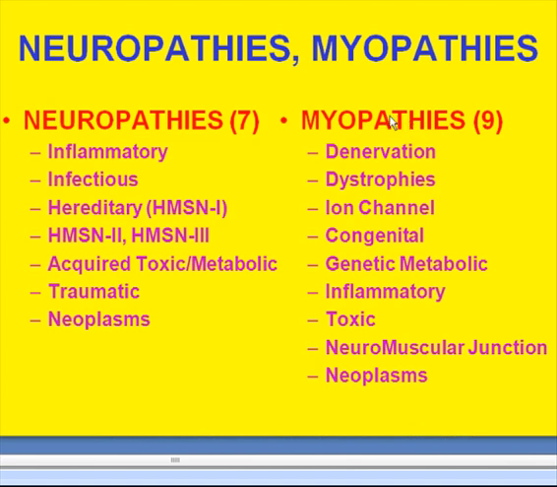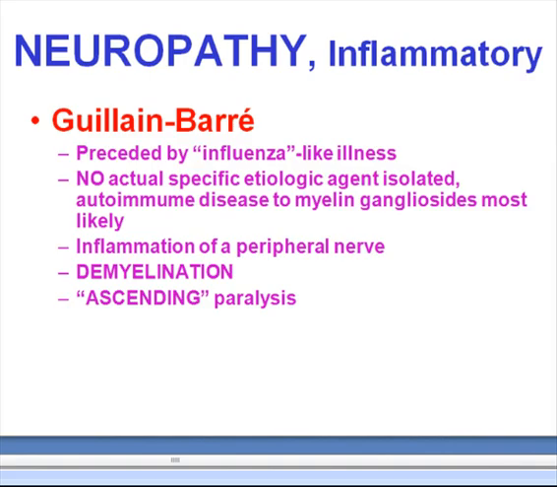So whenever you have a disease that's inflammatory, and it's not clear if there's a specific pathologic agent, it generally gets dumped into the category of autoimmune, because if the agent is not coming from outside the body, then it must be coming from the inside of the body. So what is Guillain-Barré? It's an autoimmune, or at least unknown etiology, inflammation of a peripheral nerve.